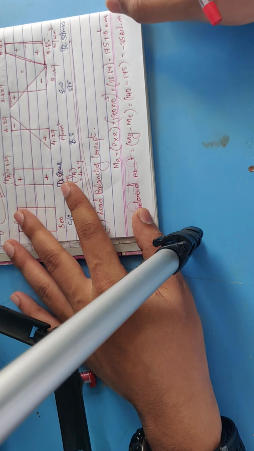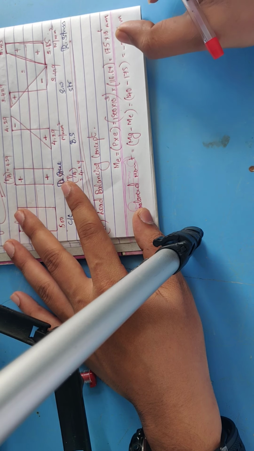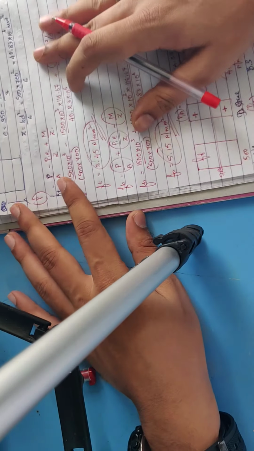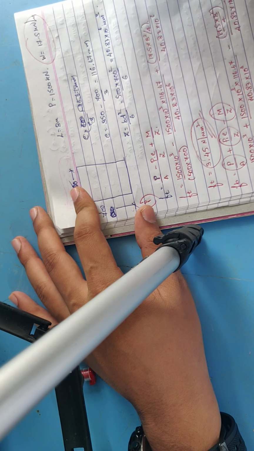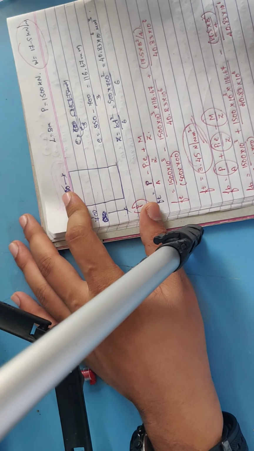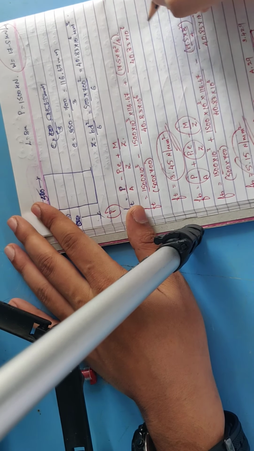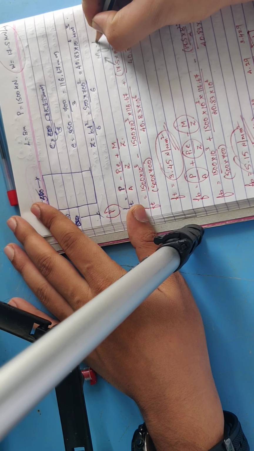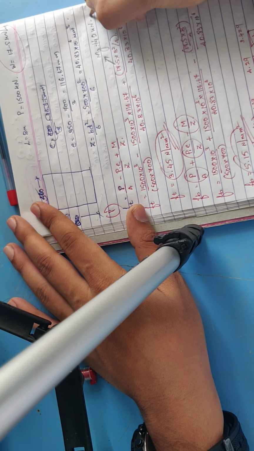It means that 35 kilonewton meter of moment has become more due to this load. So Mg will be 140 kilonewton meter.